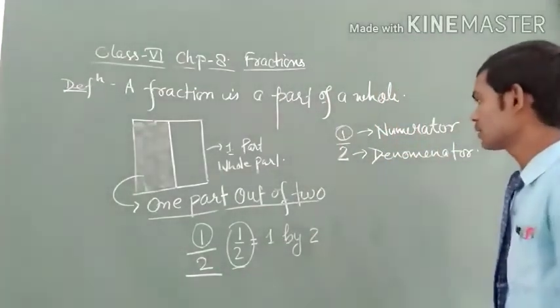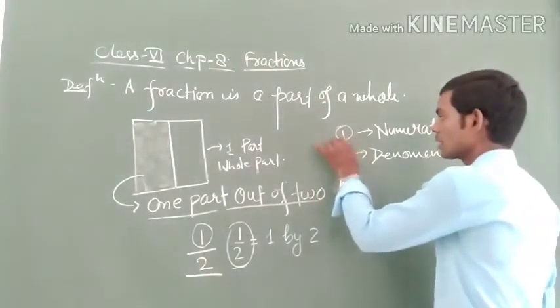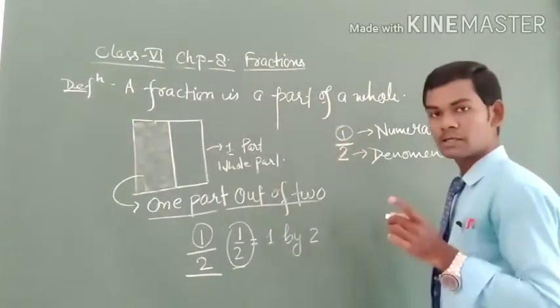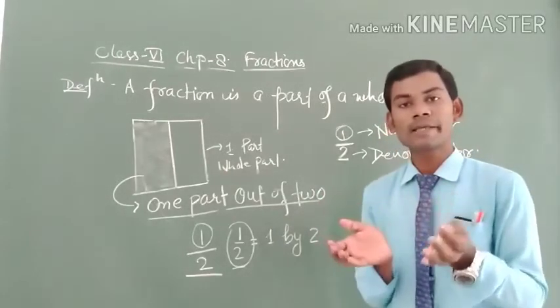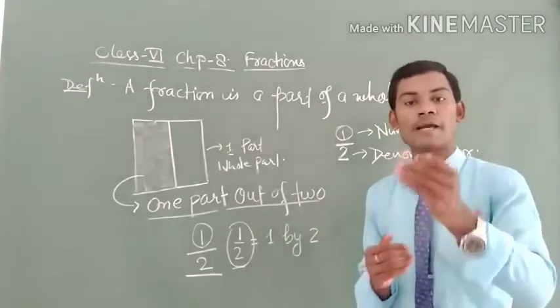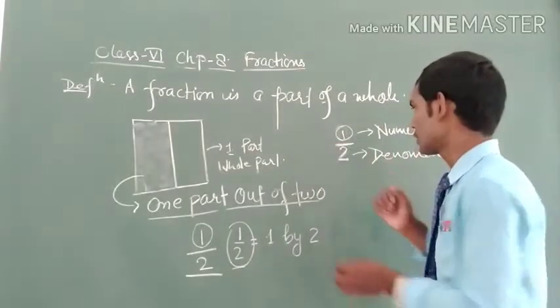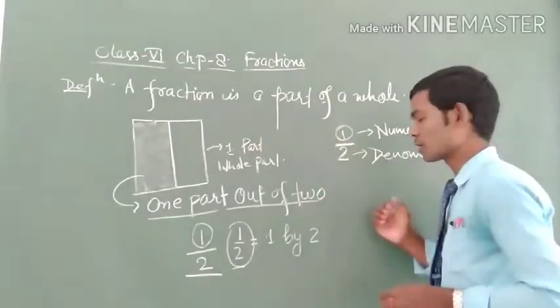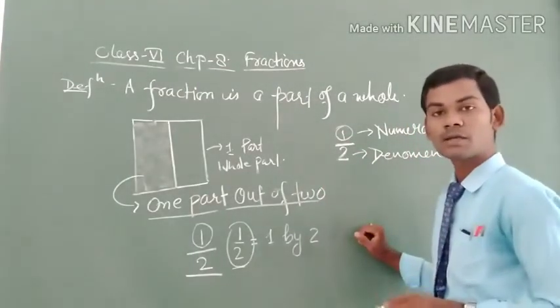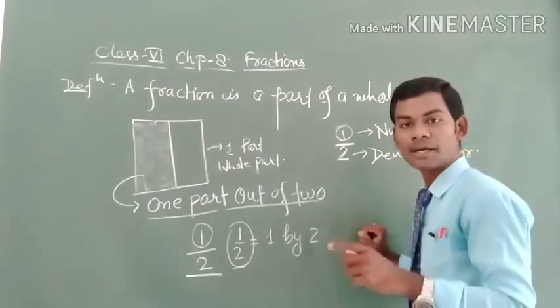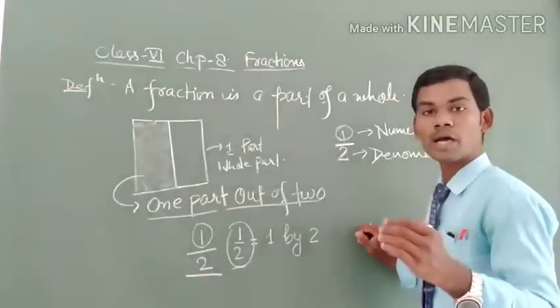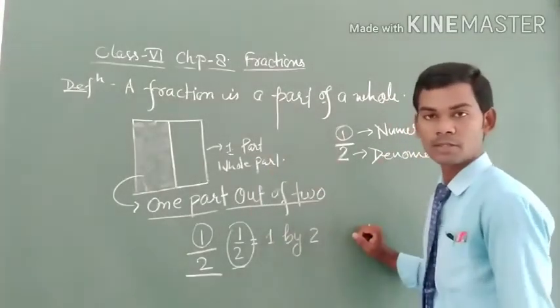And this horizontal line represents that the whole thing has been divided. This horizontal line represents that the whole is divided into a number of equal parts.